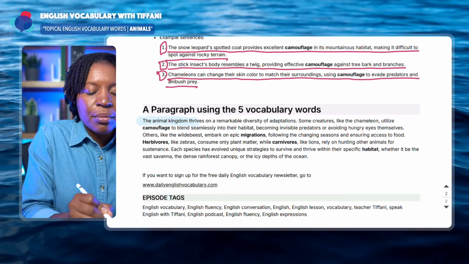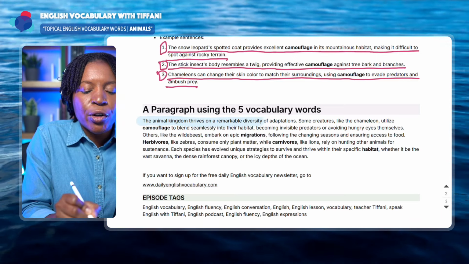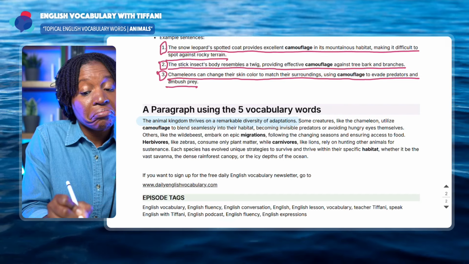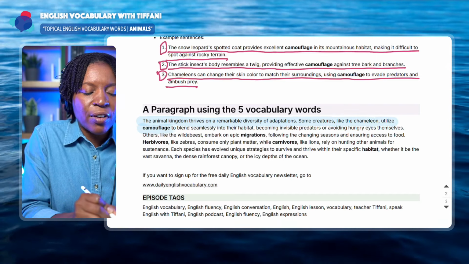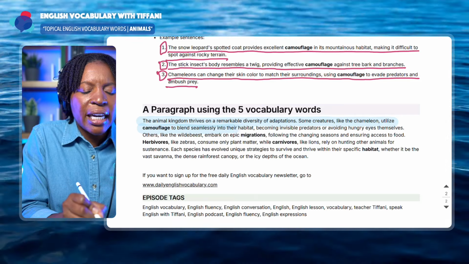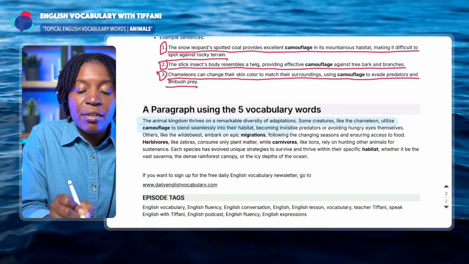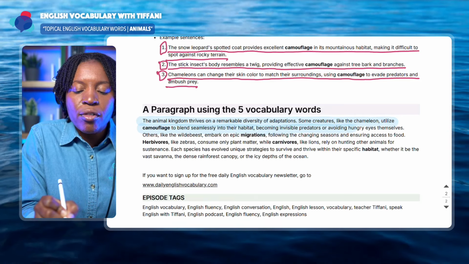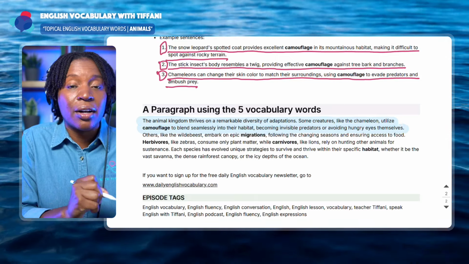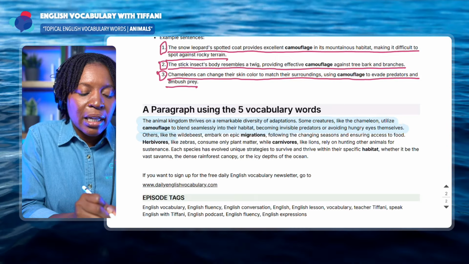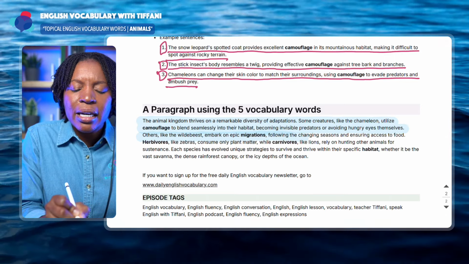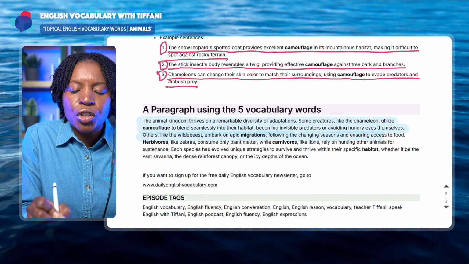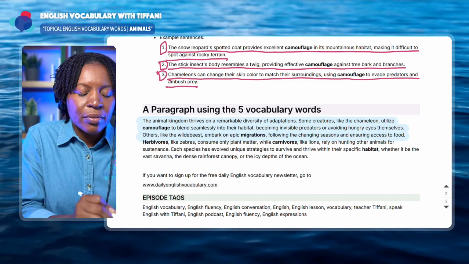The animal kingdom thrives on a remarkable diversity of adaptations. Some creatures, like the chameleon, utilize camouflage to blend seamlessly into their habitat, becoming invisible predators or avoiding hungry eyes themselves. Others, like the wildebeest, embark on epic migrations following the changing seasons and ensuring access to food.